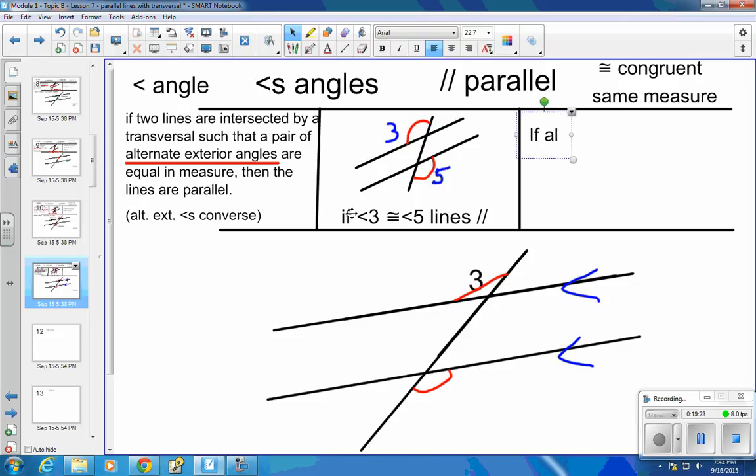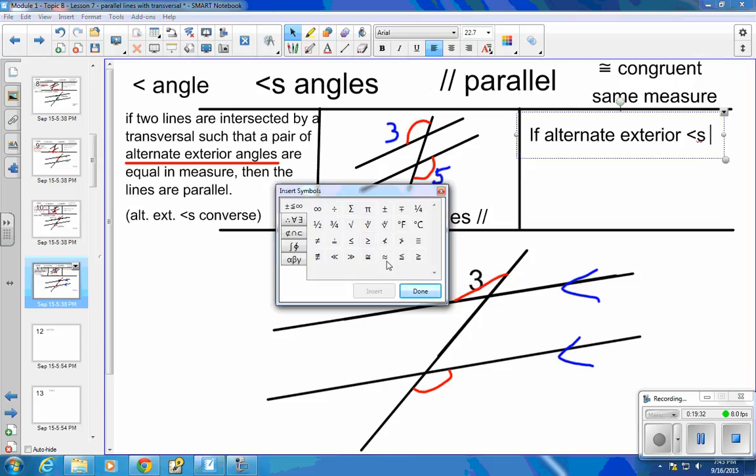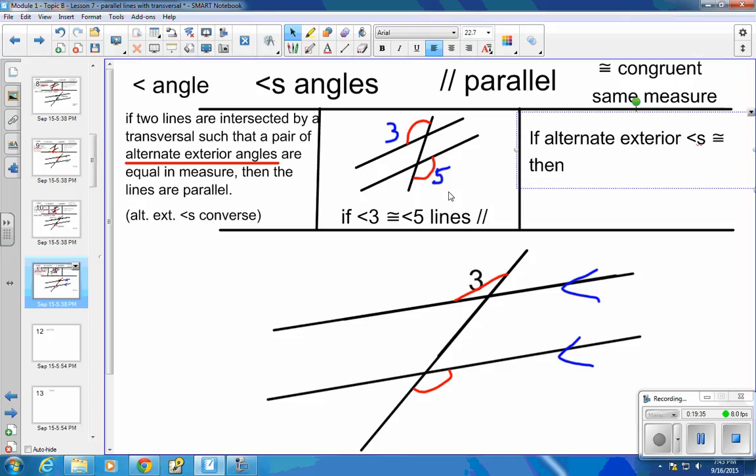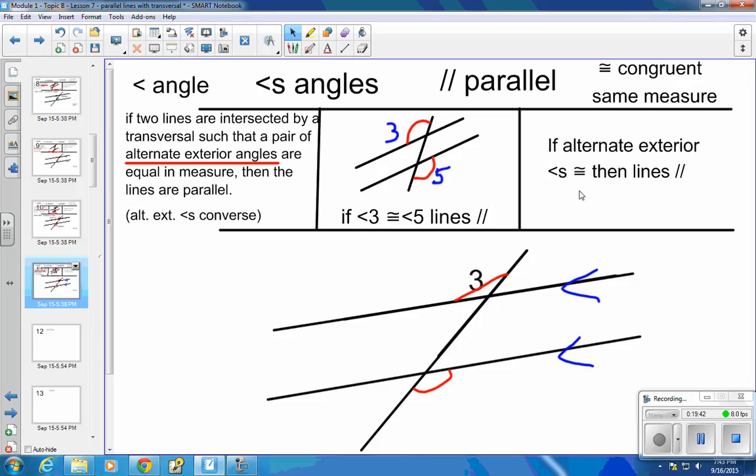So if alternate exterior angles are congruent, let's put the congruent symbol in there, then lines parallel. You can see how we're starting to get more and more abbreviations to get through so you can get used to them. So if alternate exterior angles are congruent, then lines are parallel. Okay, and I need to add the parallel symbols back onto here. So this one is parallel to that one.